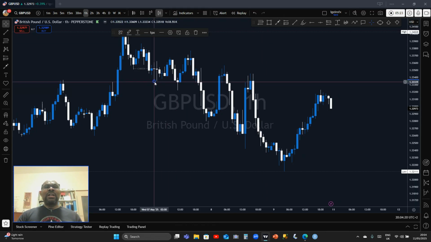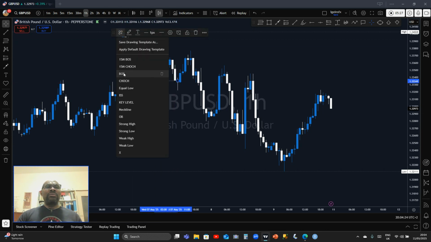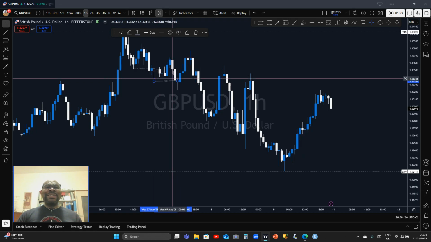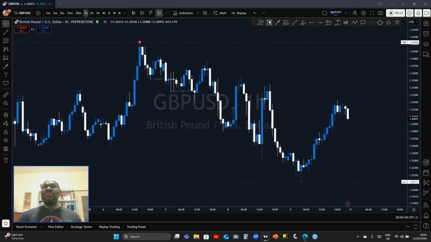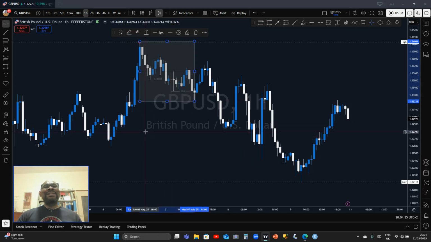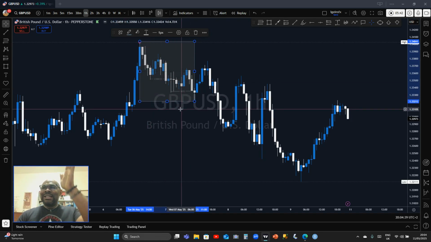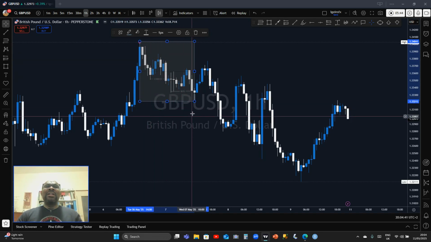Here we'll now say break of structure. At this very point, structure has been established. Downtrend has been established. This is a downtrend.